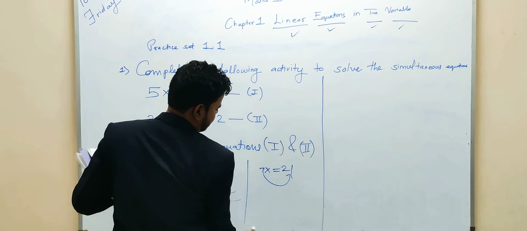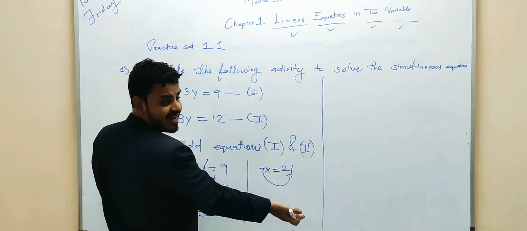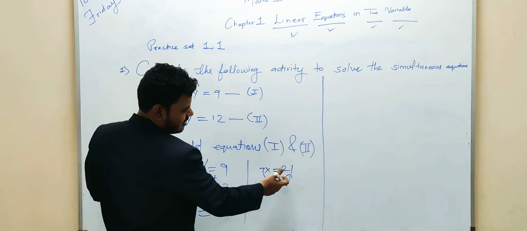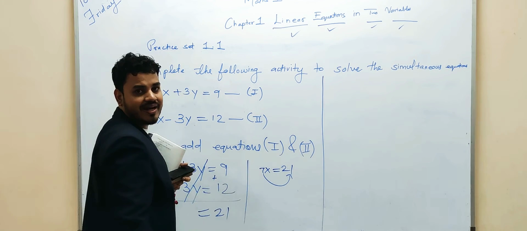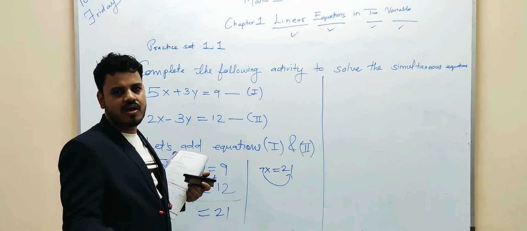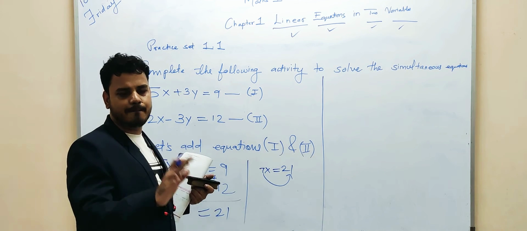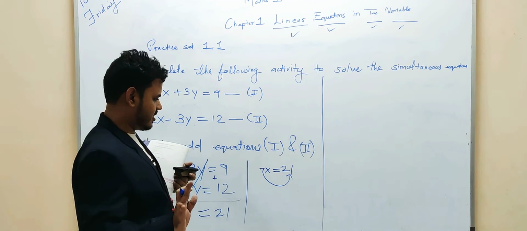We'll transfer this 7, which is in multiplication, by changing the sign. If it is in multiplication, it will go to division. Remember one thing: on changing the sign, plus becomes minus, minus becomes plus, multiply becomes divide, divide becomes multiplication. Understood?